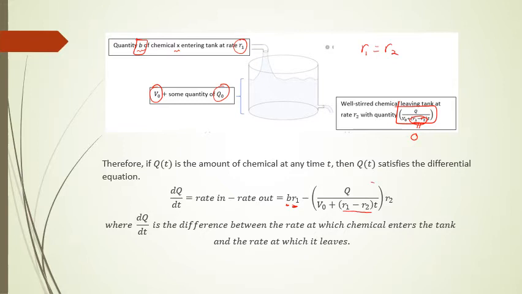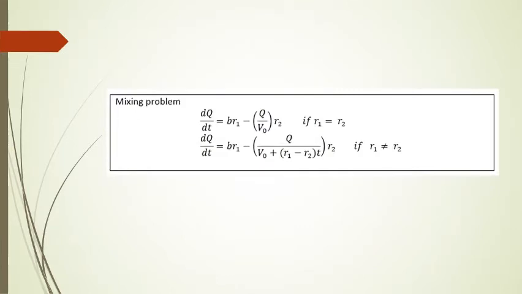The formula is quantity times rate: the quantity entering, and the quantity leaving with its rate. So dQ/dt is the difference between the rate at which chemical enters the tank and the rate at which it leaves. From the mathematical model we get our formula.